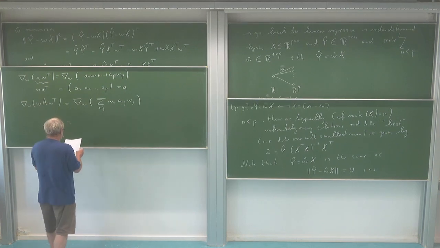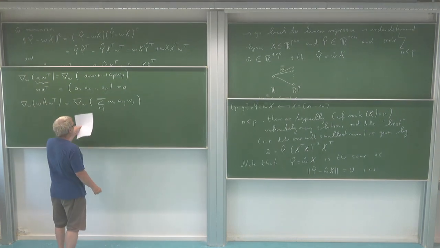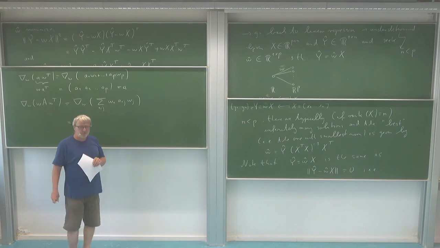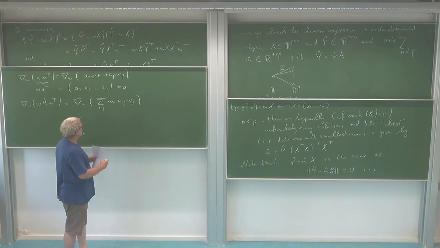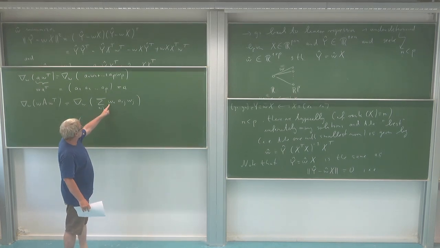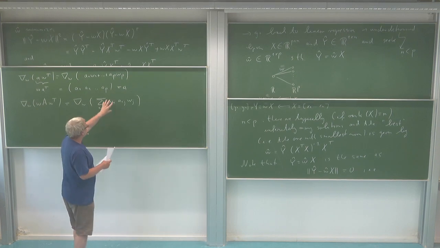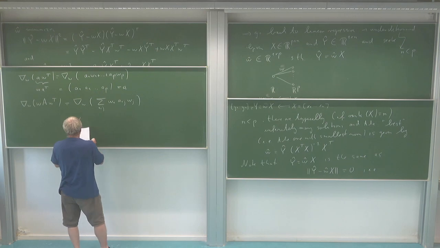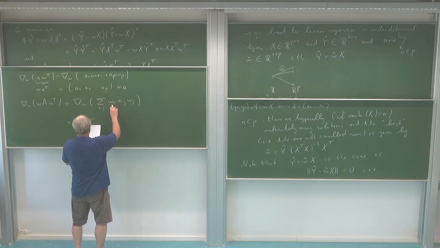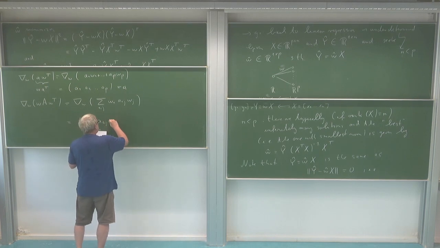So let me write down just the first component where I take the derivative with respect to W1. Okay, so I have to check where do I have a W1. If i is equal to 1, I take the derivative with respect to this. Then I'm left with the summation over j. i has to be equal to 1, derivative with respect to this, this goes away, and I'm left with i equal to 1, and I have here the A1j, Wj.